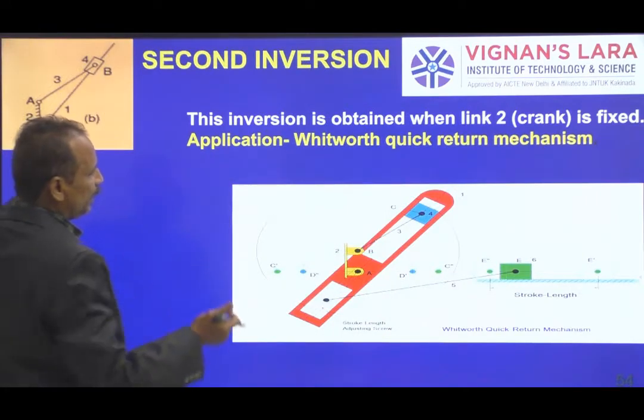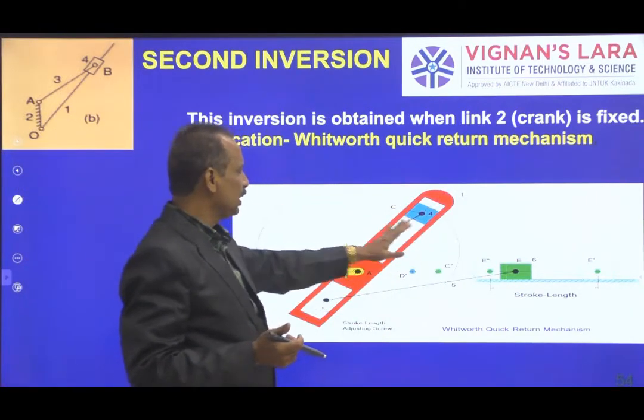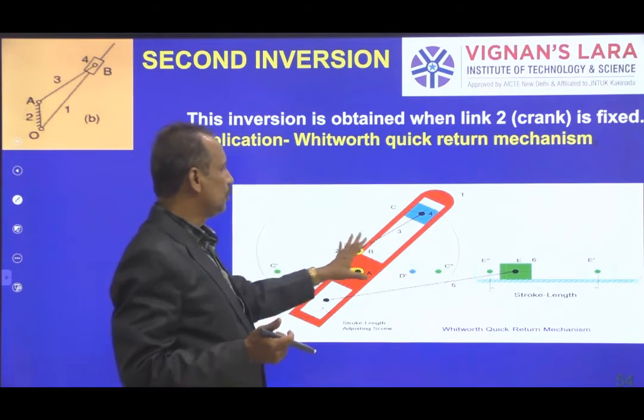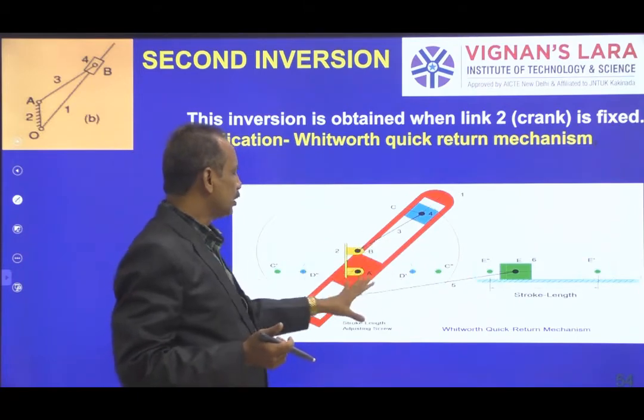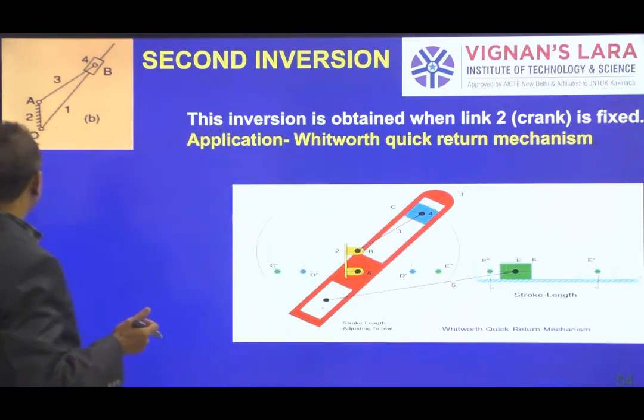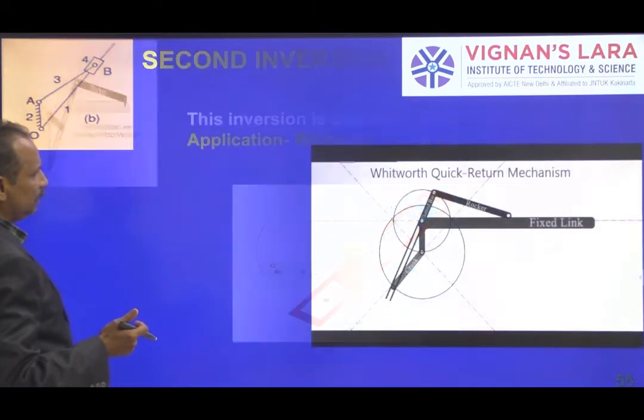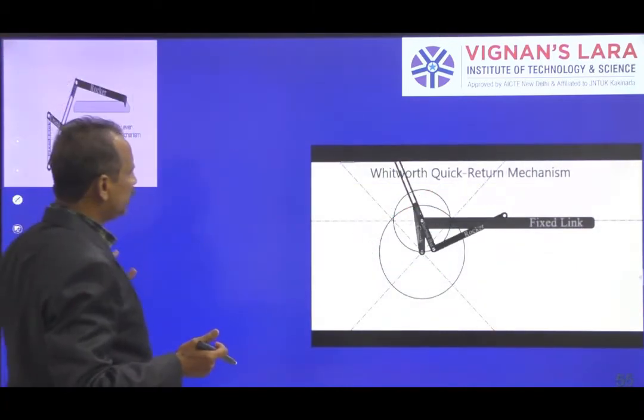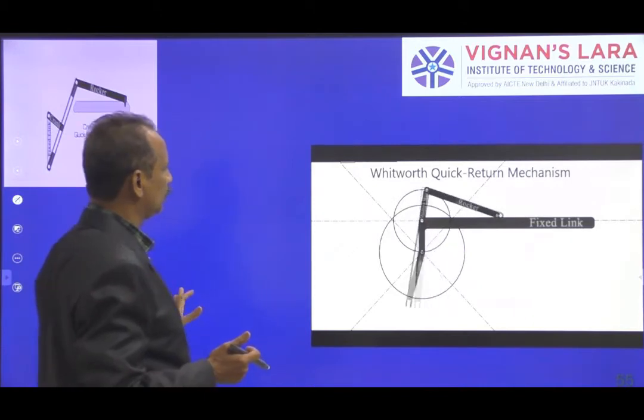The same thing which I have shown, that diagram is kept under colors to distinguish. So the practical case is shown here, and I will come back once again. Yes, you can see here there is an animation going on.